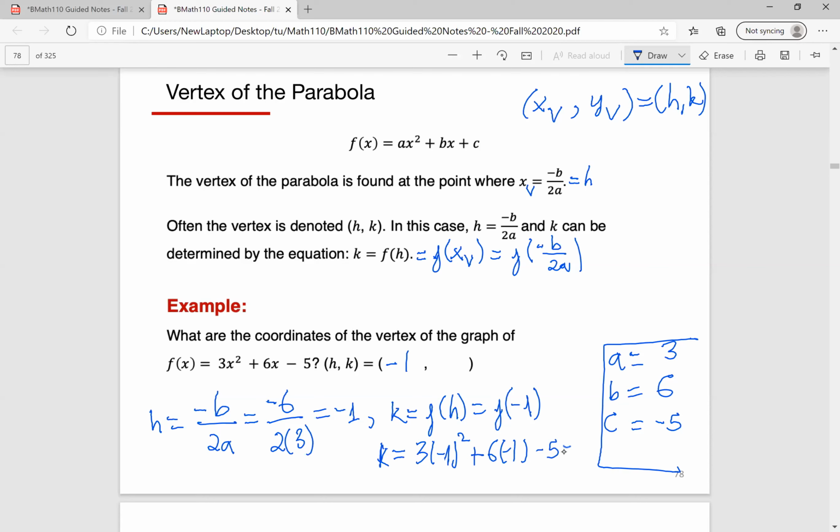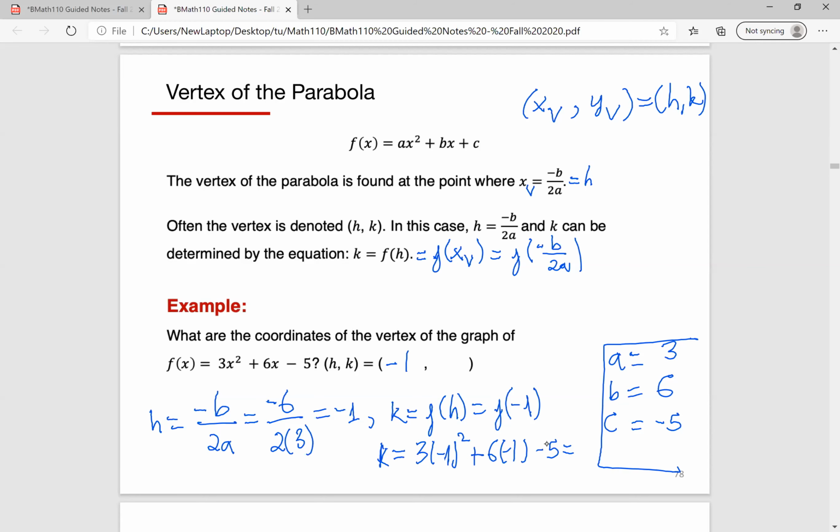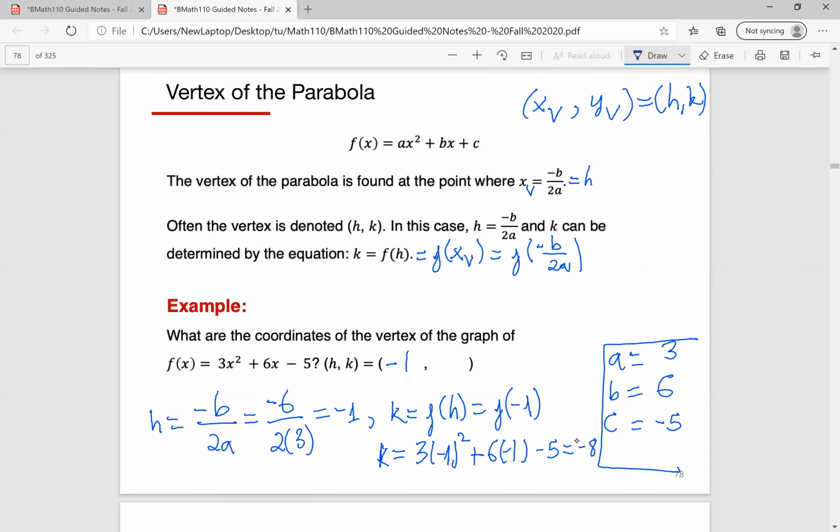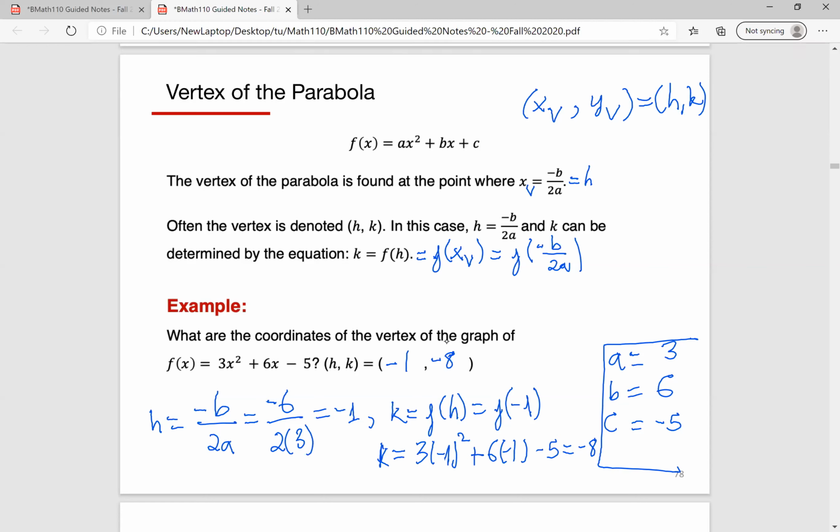So now I will have k equal to 3 minus 6 minus 5, which is equal to negative 8. So k equals negative 8. And I will circle this to make sure the reader knows that.